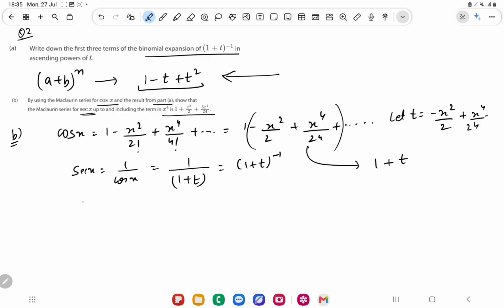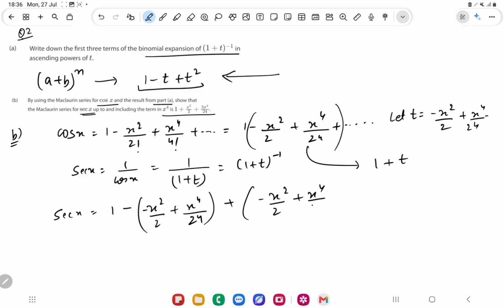Now this answer comes into the picture, so I can write my sec x expansion as 1 minus t plus t squared. My t is minus x squared over 2 plus x to the power 4 over 24, and t squared is (x squared over 2 plus x to the power 4 over 24) whole squared, and so on.